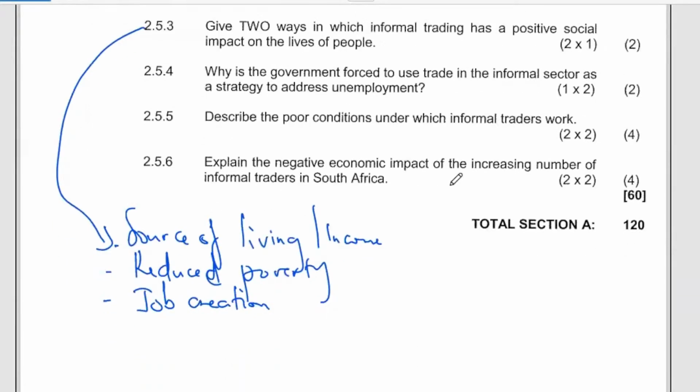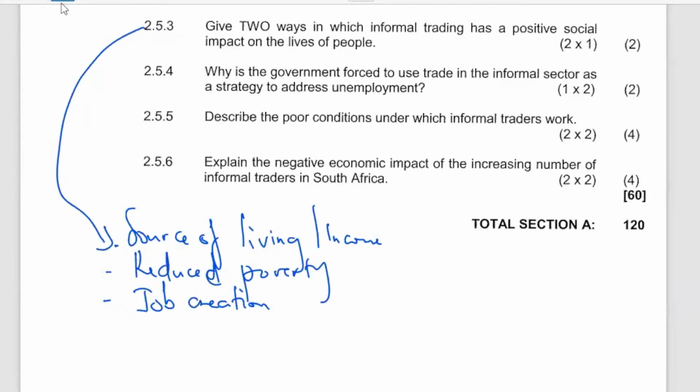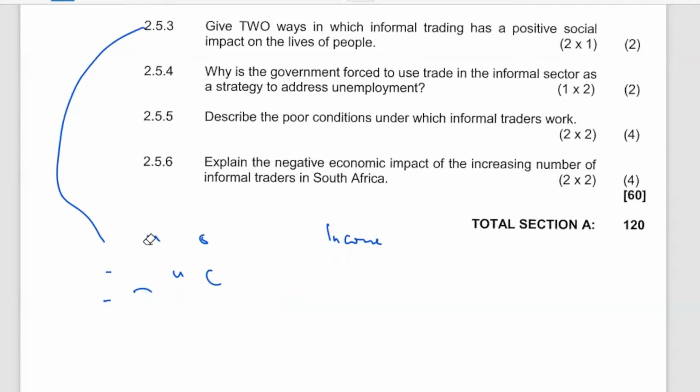Then 254. Why is the government forced to use trade in the informal sector as a strategy to address unemployment? Right, if the government is now accounting for unemployment figures, they now consider people who are self-employed as part of the employed people.